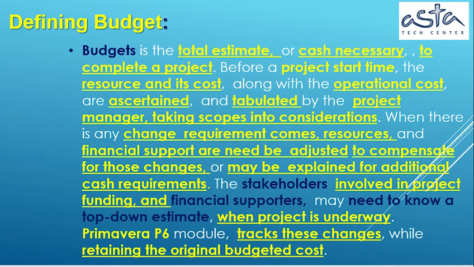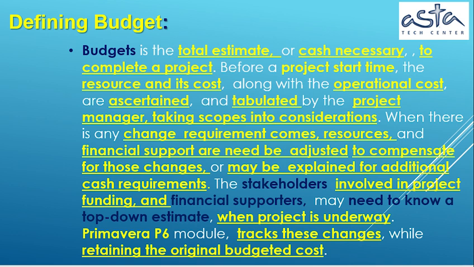Defining budget. Budget is the total estimate, or cash necessary, to complete a project. Before a project starts, the resources and their costs, along with the operational cost, are ascertained and tabulated by the project manager, taking scope into consideration. When any change requirement comes, resources and financial support need to be adjusted to compensate for those changes, or may be explained for additional cash requirements.